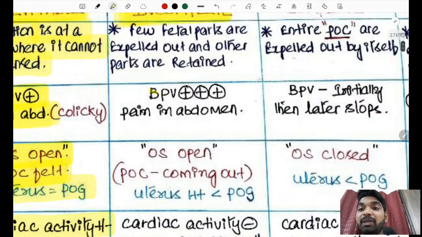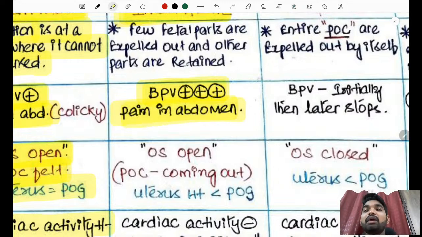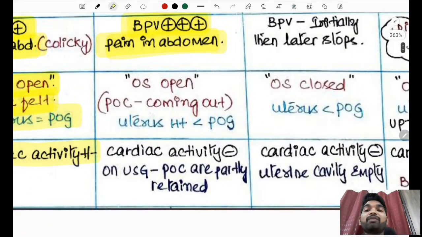And per vaginum, there will be severe bleeding. Since the fetal parts are coming out, there will be severe bleeding and pain in the abdomen. Obviously no need to do a per vaginal examination, since fetal parts are coming out. The os is open, and the products of conception are coming out.